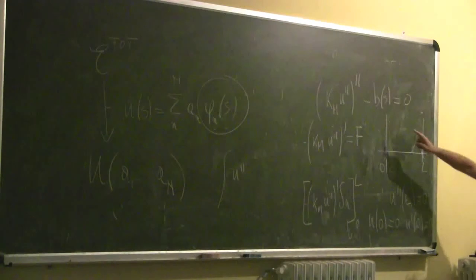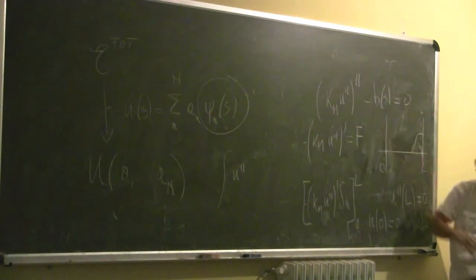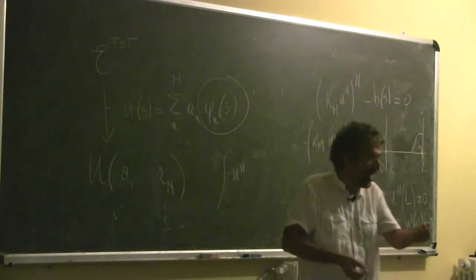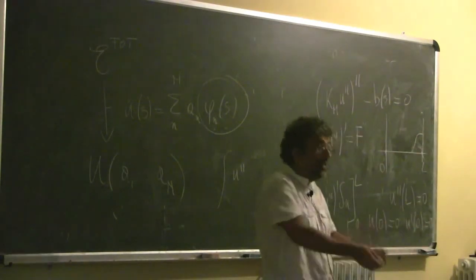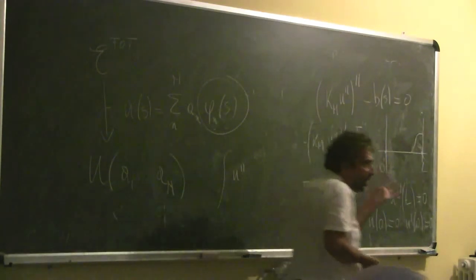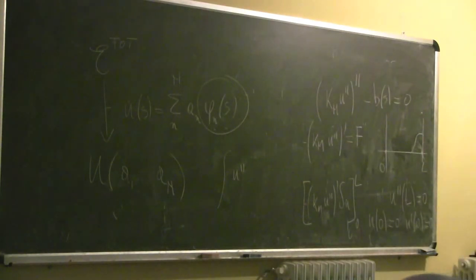Now, can I solve this by hand? I must calculate the primitive of Bs. Then the primitive of the primitive, I must calculate 4 integrals. For each integral I calculate, I need an integration constant.